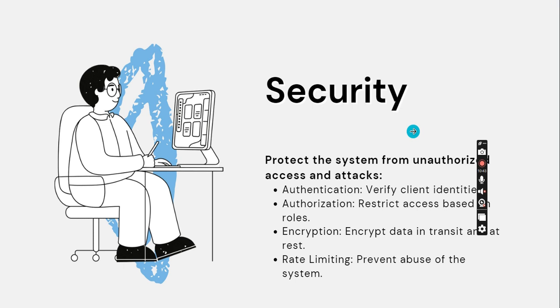After that, we have security. At last, in security, security plays a very crucial role in everyone's life. So we'll talk about distributed systems. Security ensures data integrity, confidentiality, and availability across interconnected networks, with key measures including implementing strong authentication, like it is written in the first point, authentication.